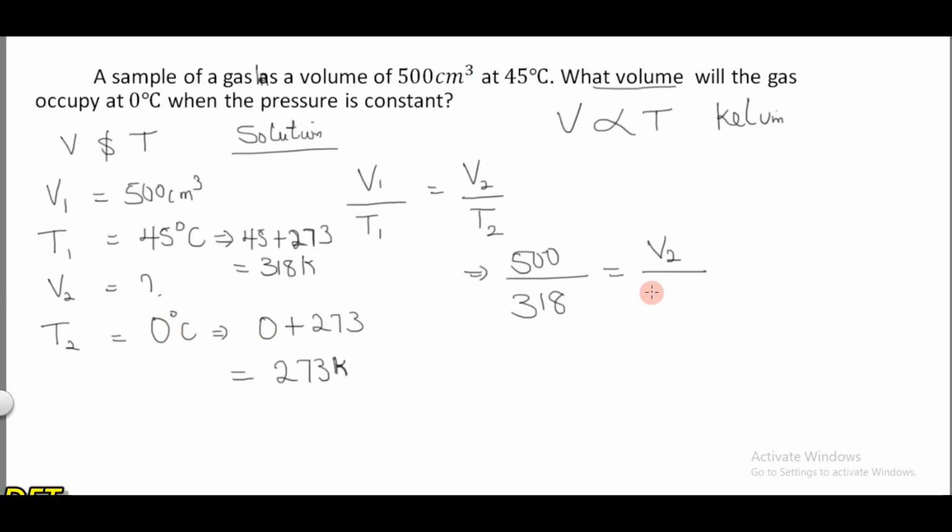So divided by 273. Then the next thing you do here is to cross multiply.